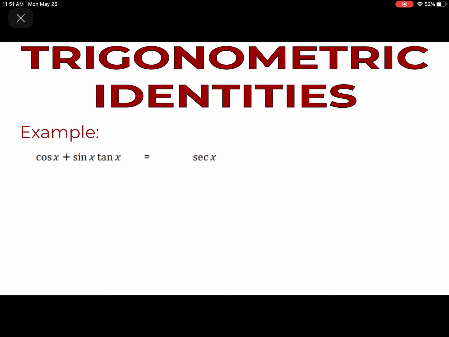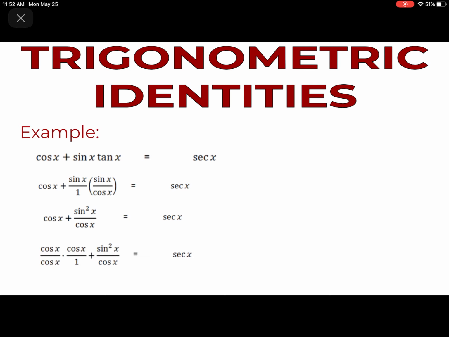So our first one is cosine of x plus sine x tan x equals secant of x. The first thing we want to do to solve that is take tangent of x and make it sine x over cosine of x, okay? We're only changing the left-hand side on this, and then we can multiply these together. We have cosine of x plus sine squared of x over cosine of x, okay?